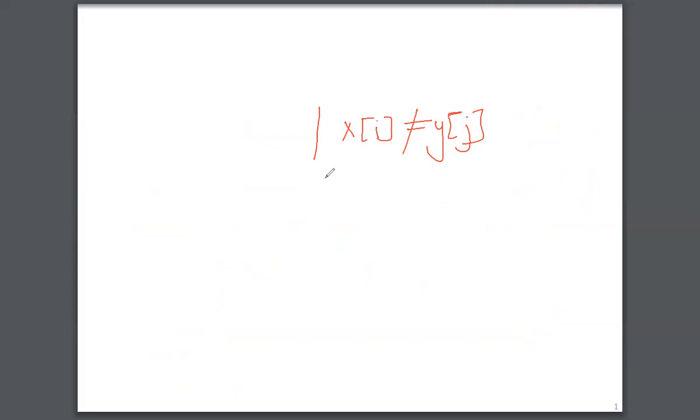You compare X of I minus one to Y of J. Why should we do that? Don't we need to increment instead of decreasing? I'm confused, because if we got to this point, that means everything before it is equal, but that's not true, they need not be equal.